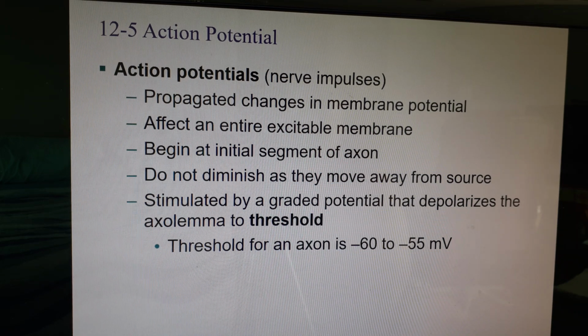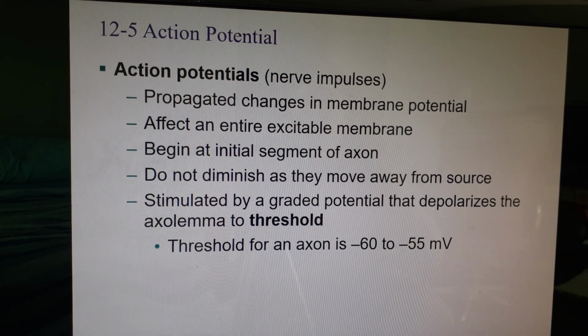Now, different texts will say different numbers, negative 60 or negative 55, something in there, depending on the cell type. And once we change with the ligand-gated channels up into that particular amount of voltage change from negative 70 to negative 60, that will open all of the voltage-gated channels for sodium. Now, they open at negative 60 millivolts. Now, lots more sodium can come in.